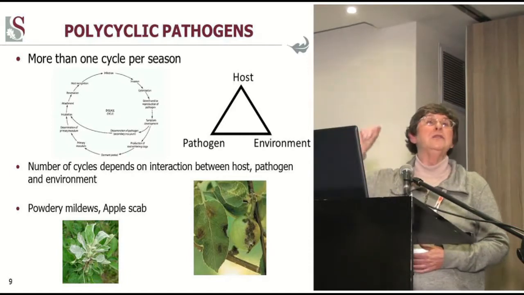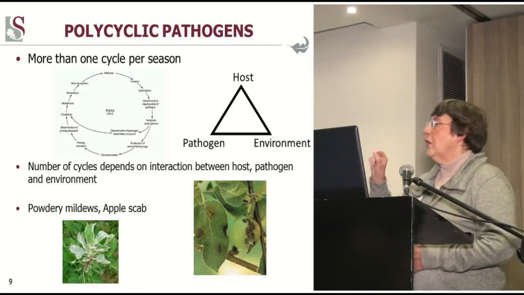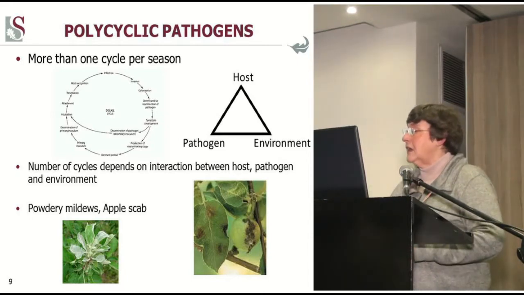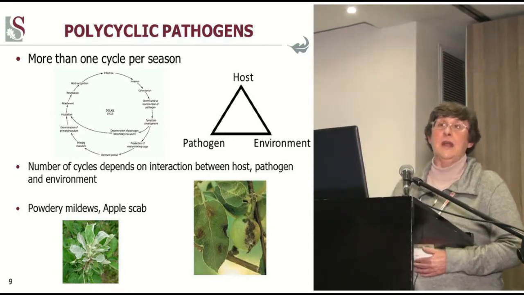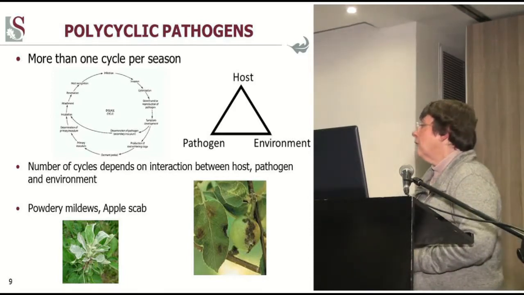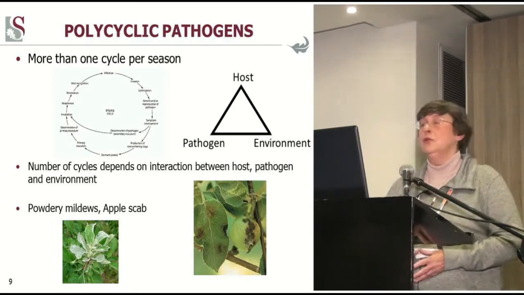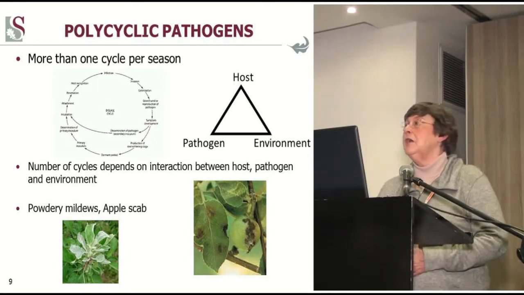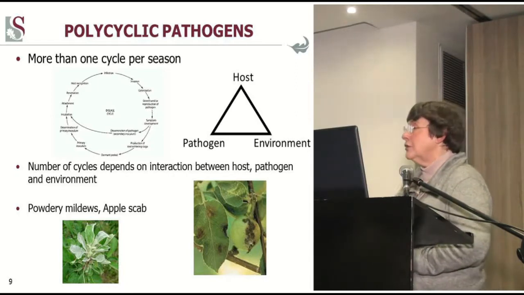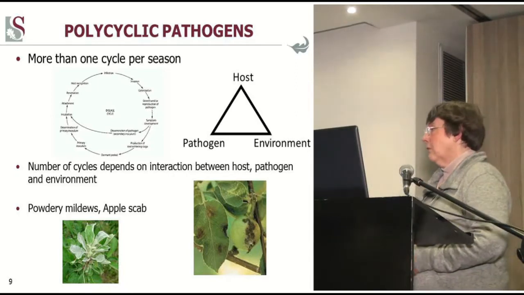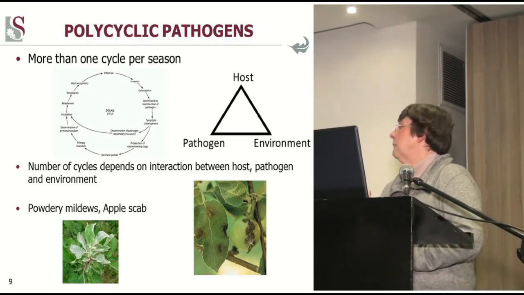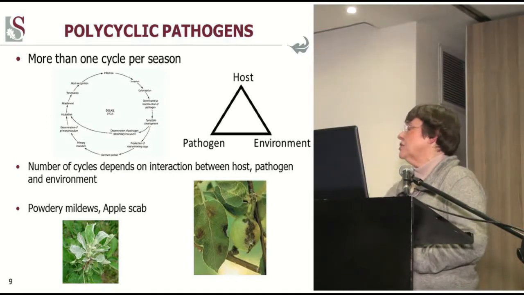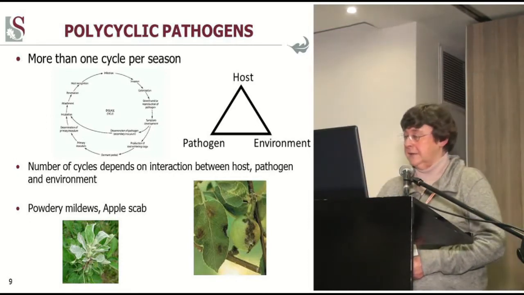Okay, so we're back to our disease triangle again, so that we know that if the conditions are ideal, you're going to get many, many cycles of that pathogen. And for us in the deciduous fruit, two classical polycyclic pathogens are powdery mildews and apple scab. Both of them can have many, many generations of the pathogen in their planting season.